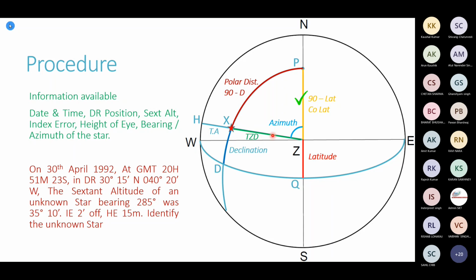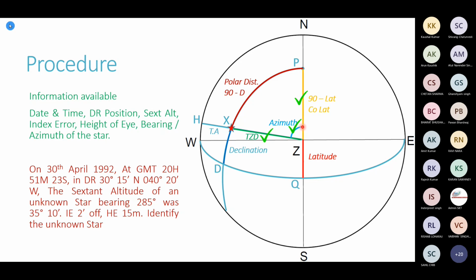So this side ZX of the PZX triangle is also known to us. And the azimuth we already discussed, this angle Z of the triangle, which is basically representing the quadrantal azimuth of the star, is also known to us. The three-figure notation azimuth is given to us as 285. Converted into the quadrantal notation, this gives you north 75 degrees west. So this angle Z, 75 degrees in this case, is also known to us.